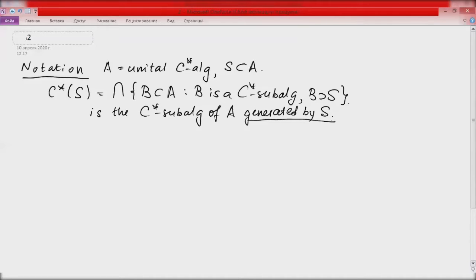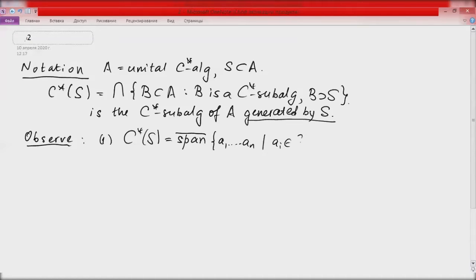This algebra can also be described explicitly. Namely, it's easy to observe that, if S is any subset of A, then C-star of S is the closure of the linear span of all elements of the following form, so of all finite products a1 to aN, where each element ai is in S or is in S star, and N is an arbitrary natural number.